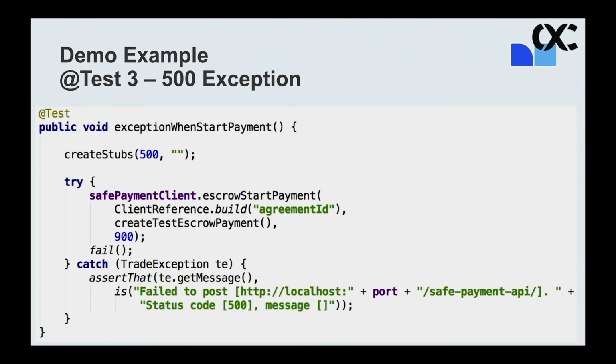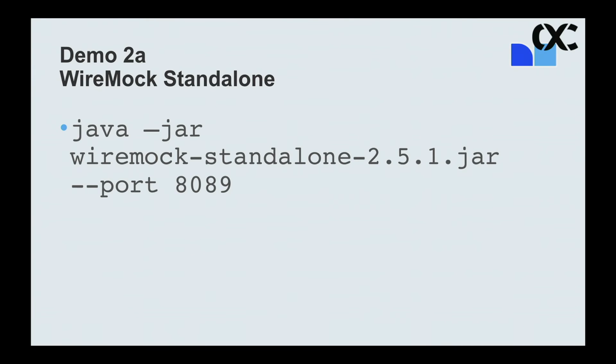So it's a good way to check how your system will react when it talks to other services and they fail in a way. So now I showed you how it works if you have it inside a test and you run everything inside Java. You can also set up WireMock as a standalone process. And now I'll show you that if the demo gods are with me today.